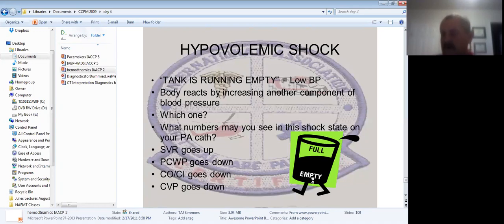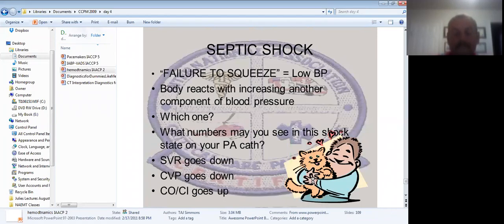It's trying to shunt blood away from the periphery to the core. Your wedge pressure goes down because wedge pressure is a relative volume indicator. Your cardiac index goes down because there's not enough volume to perfuse all of the tissue, and your CVP, which is ultimately only a hydration status measure, goes down. So again, the squeeze goes up with systemic resistance, and everything else goes down in volume shock.